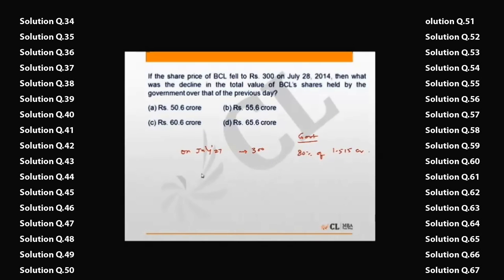So the net value reduction of the government shares is 80% of 1.515 into 50 rupees, which is equivalent to saying 40 into 1.515, or approximately equal to 60 crores. So if you look at the choice, C is the most appropriate option.